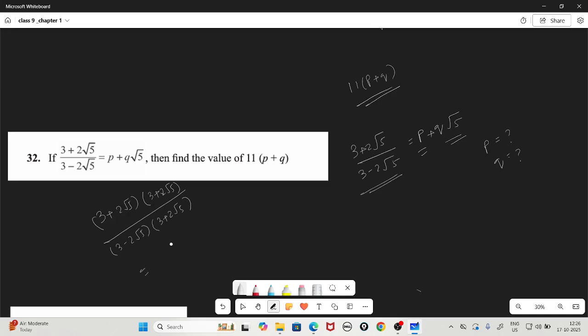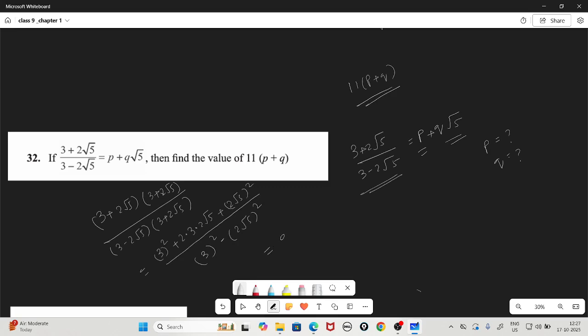So we'll straight away plug in the formula. In the numerator, a square plus 2 into a into b plus b square, which is 2 root 5 square, divided upon a square, which is 3 square, minus b square, which is 2 root 5 square.